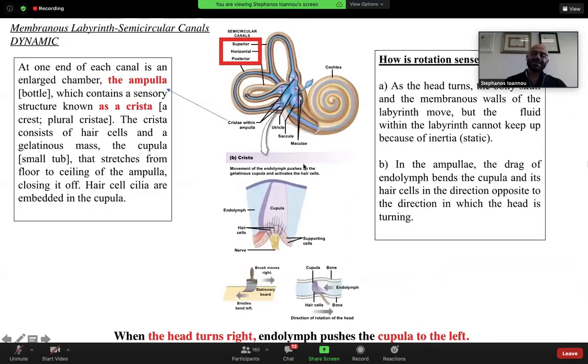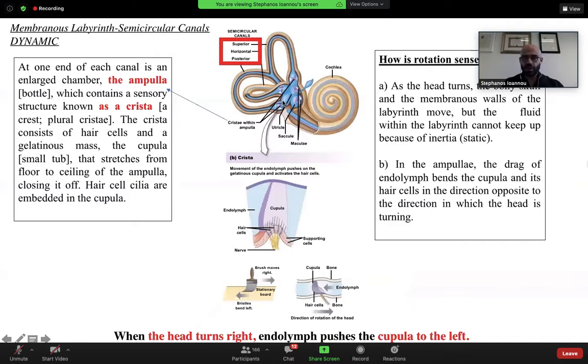And how exactly is this rotation of the body sensed by the semicircular canals? Inside the semicircular canals, we have certain enlarged chambers, and these enlarged components contain the ampulla.